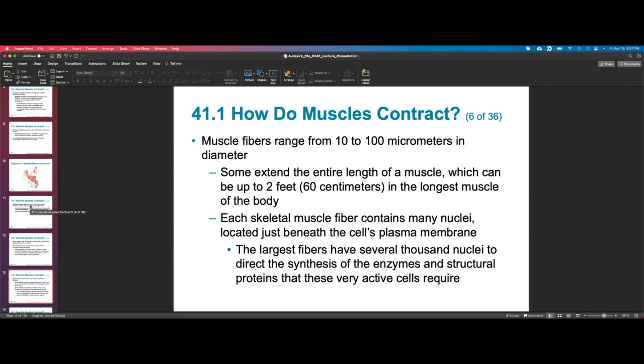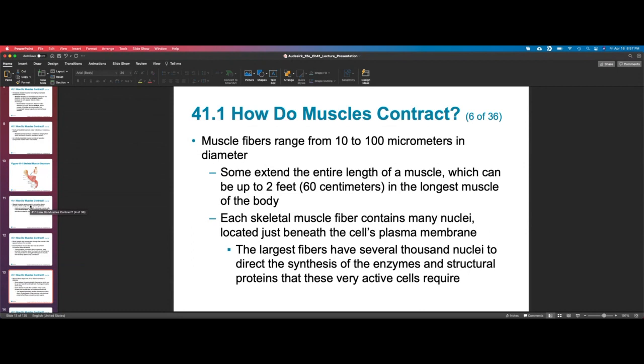The nucleus will divide into two, but it's still in that one muscle cell. So muscle cells will have multiple nuclei, and this is really the exception to the rule. Typically, whenever you see nuclear division, that's followed by cellular division as well.